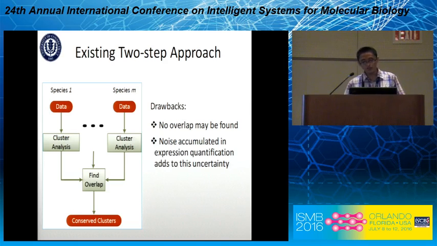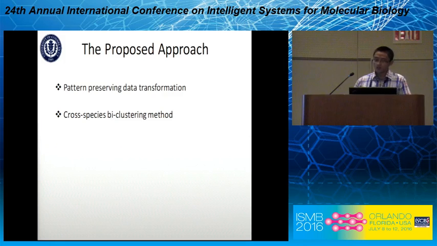So our goal in this study is to develop a new method for identifying conserved co-regulated genes by addressing these problems. Our method includes two components. One is pattern-preserving data transformation. The other one is a cross-species biclustering method.